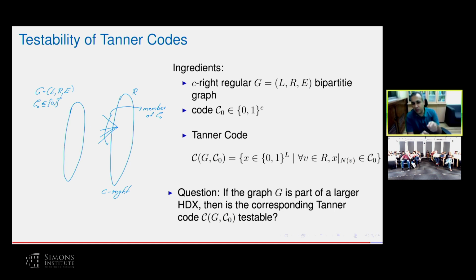In fact, expansion makes it not locally testable. Most proofs of local testability seem to implicitly use this high dimensional object. Can we make this more formal? Can we show that if the Tanner code comes from a high dimensional object, the underlying code is locally testable? It would be interesting to show this, and I think there is a high dimensional object lurking in the proof of testability. It would be good to answer this question.